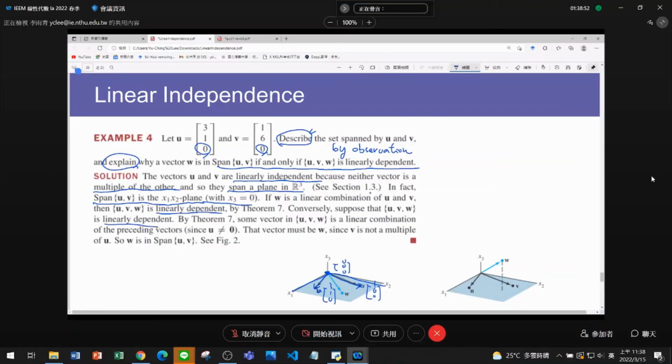Then some vector in U, V, W is a linear combination of the preceding vectors, and that vector must be W since V is not a multiple of U. So W will be in the span of U and V. It's impossible to have W outside of the span of U and V. So things like that.